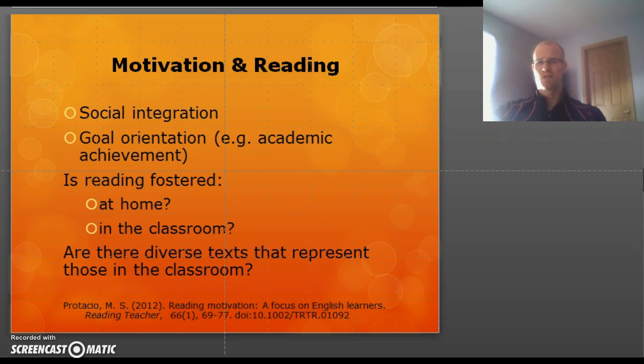Is the teacher providing reading time for the students? And of equal importance, I should say, are there diverse texts that represent the multicultural classroom? If we take these into consideration, then we have a higher chance of increasing the likelihood that our students will be motivated to do more reading.